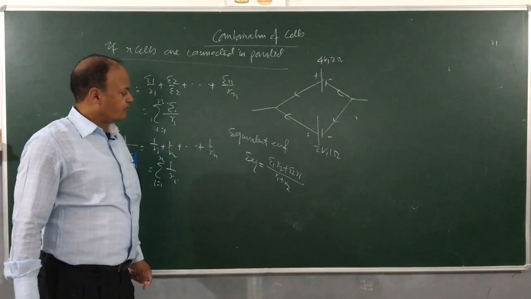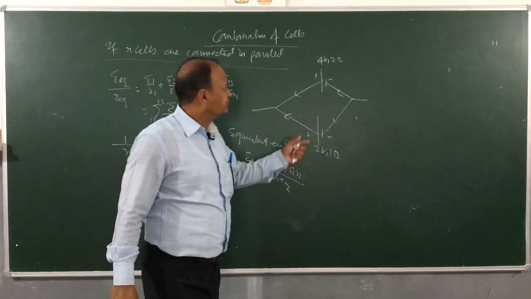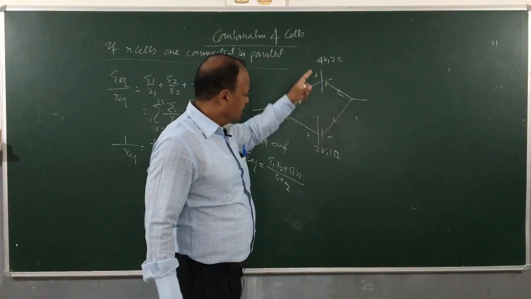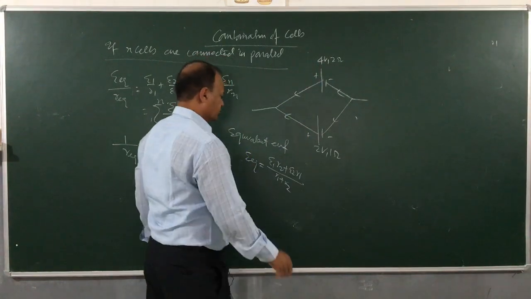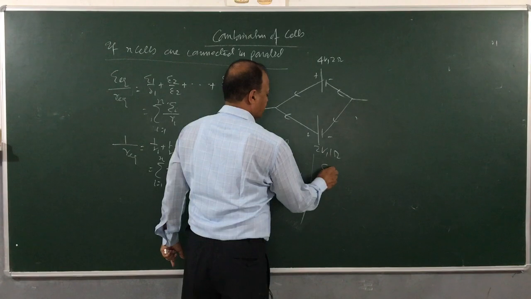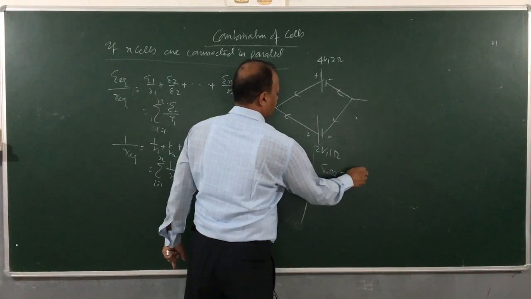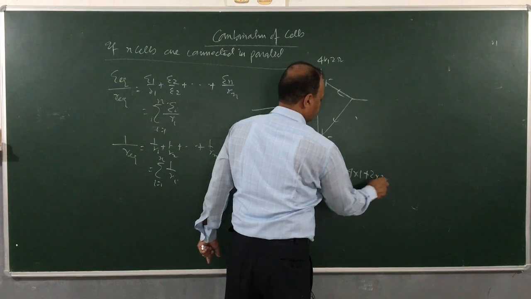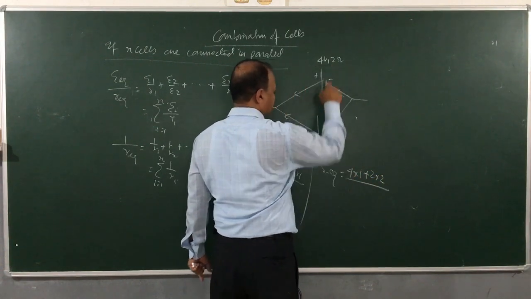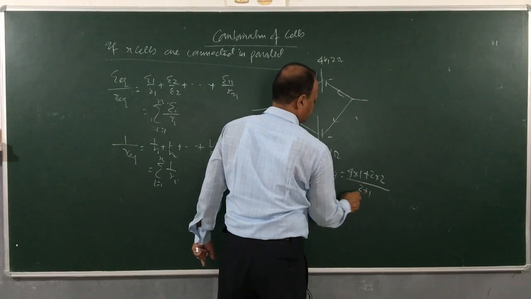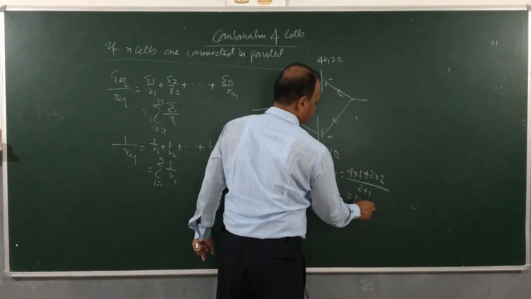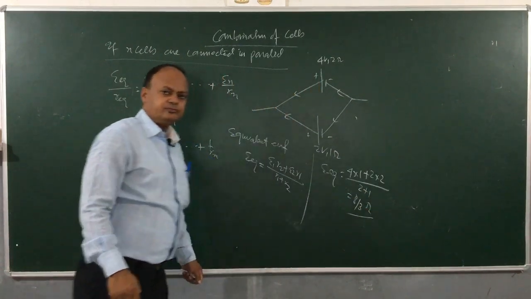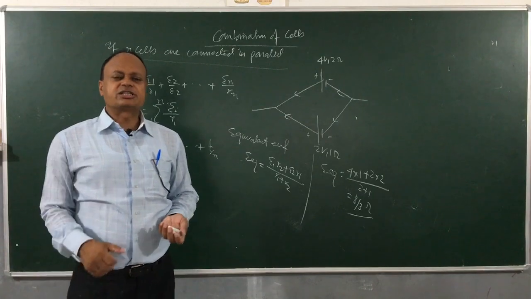Now how much is E1? E1 is 4 volts and R2 is how much? 1 ohm. So putting the values, equivalent EMF will be (4 into 1 plus 2 into 2) divided by (2 plus 1), that is 8 by 3. Clear?